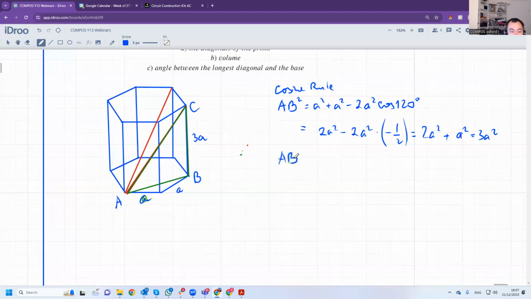So AB is equal to square root of 3A. That's pretty neat. So the square root of 3A and 3A.